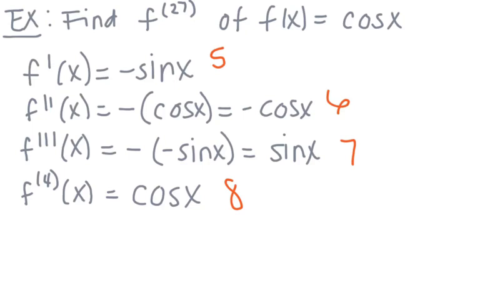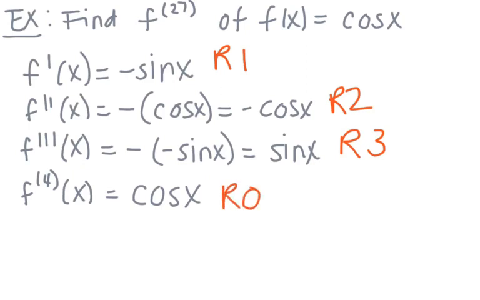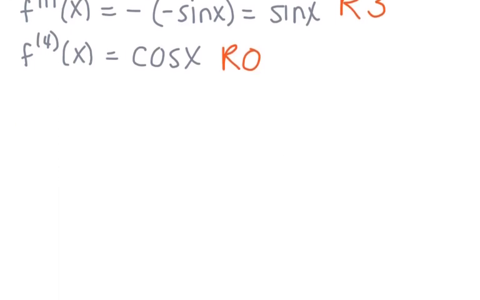So instead of writing a 5 here, that would be numbers that when divided by 4 give me a remainder of 1. Instead of a 6 here, that would be like a remainder of 2 when divided by 4. This would be a remainder of 3. And of course, we wouldn't have a remainder 4 if we're dividing by 4. So that's when it divides evenly and there's not a remainder. So let's take 27 down here and figure out what's going on.